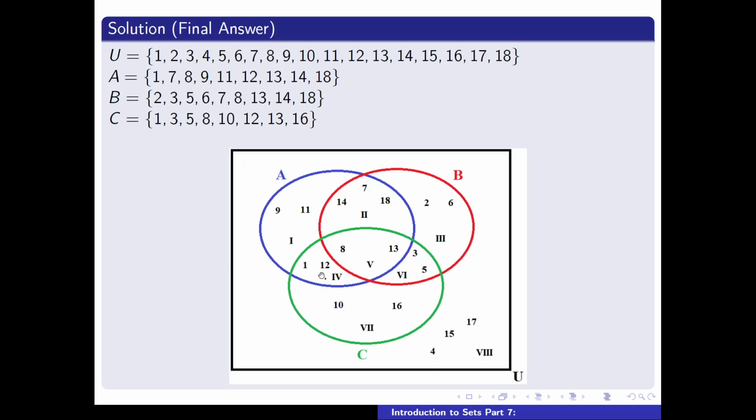Now just one final check to make sure we haven't duplicated anything. We can count through the universal set if that's possible, which in this case is fairly easy to do. All the elements 1 through 18 should be placed somewhere and only placed once.